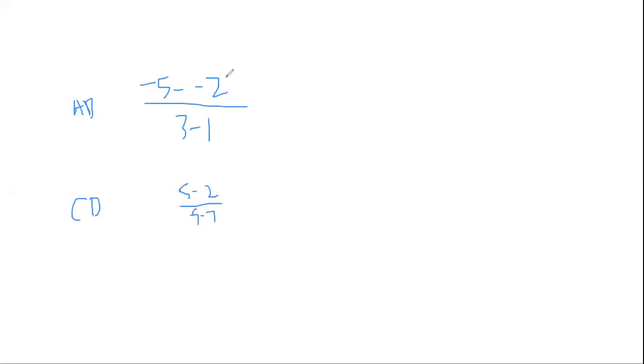So here I have to keep the signs straight with AB. Calculation on the top means these become positive. -5 plus 2 is -3, and 3 minus 1 is 2. For CD, I got 5 minus 2, which is 3, and 5 minus 7 is -2.